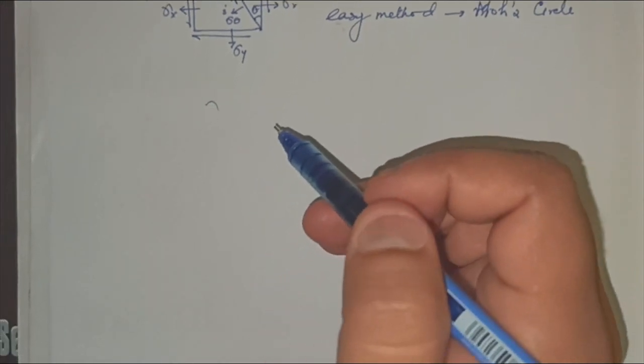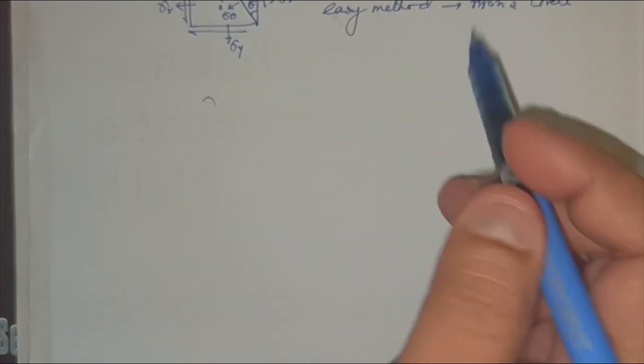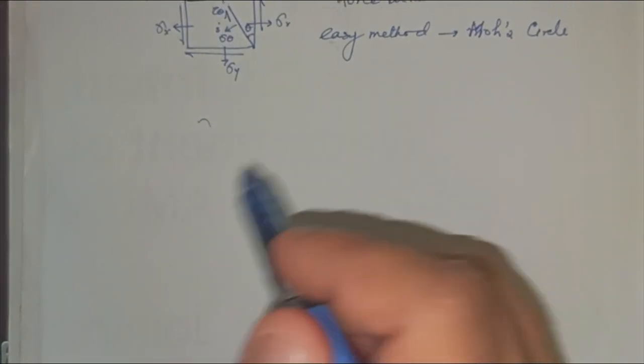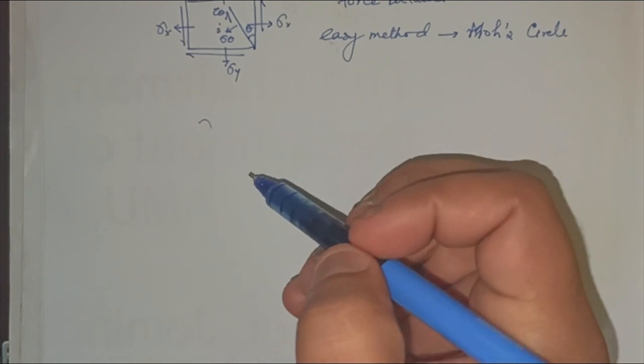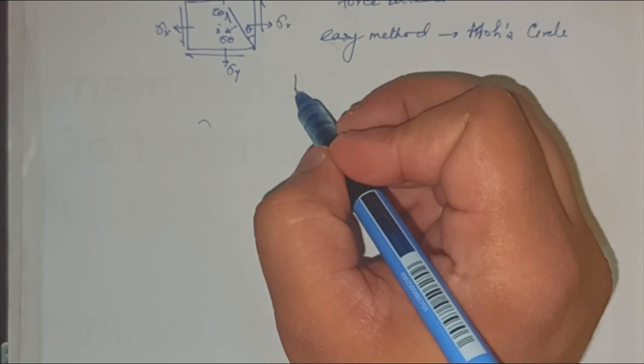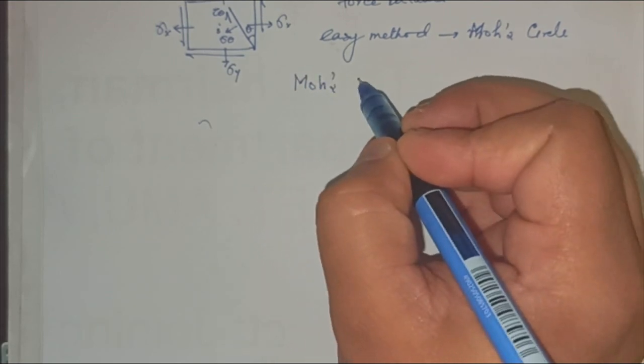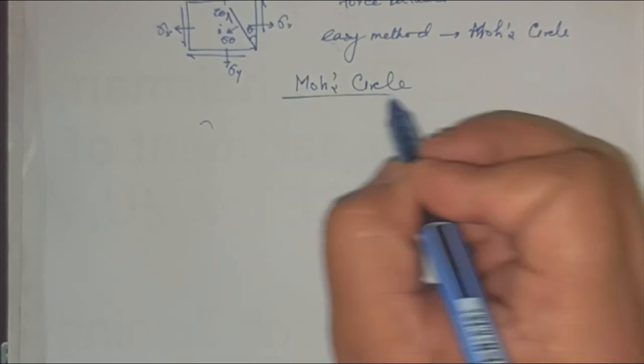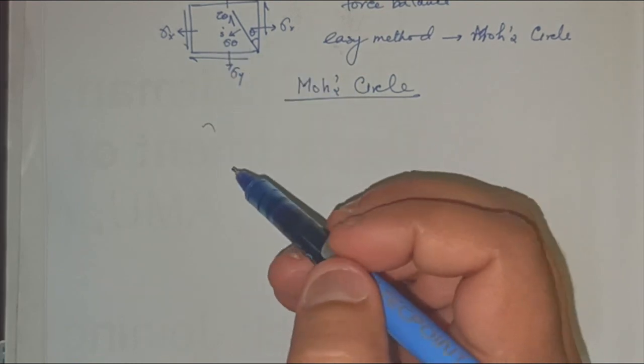So let's now try to understand what exactly the Mohr circle method is. Let's draw the Mohr circle to obtain this.